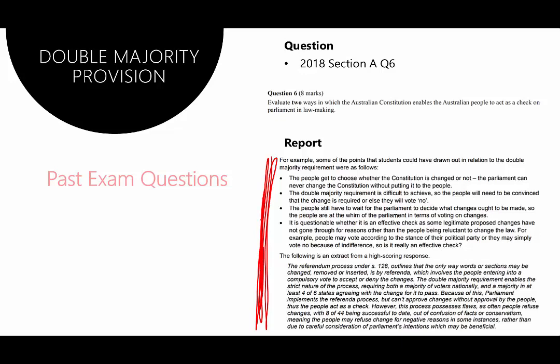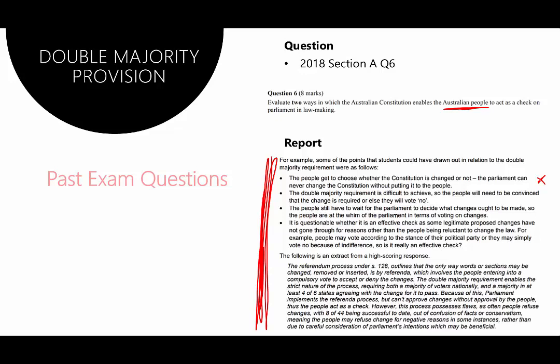very clearly the examiner's report says, for example, some of the points that students could have drawn out in relation to the double majority requirement were as follows. So again, how can the Australian people act as a check on Parliament? The people get to choose if the Constitution is changed or not. The Parliament can't just change the Constitution.